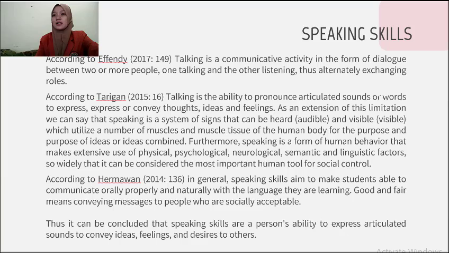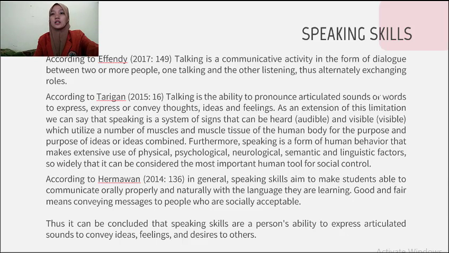Furthermore, speaking is a form of human behavior that makes extensive use of physiological, neurological, semantic, and linguistic factors so widely that it can be considered the most important human tool for social control.